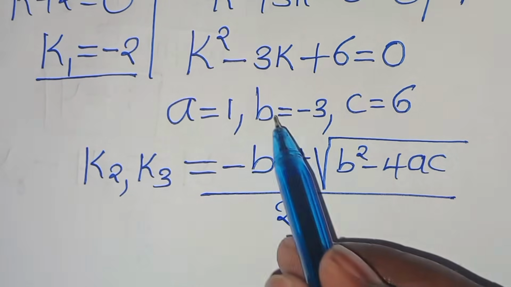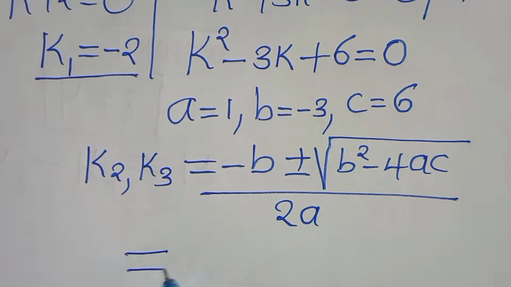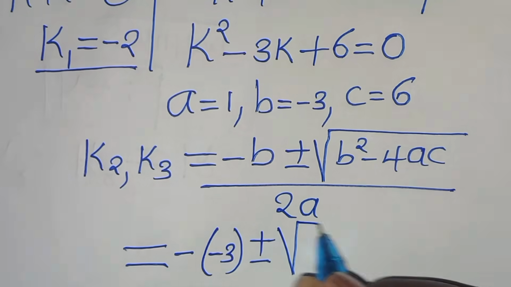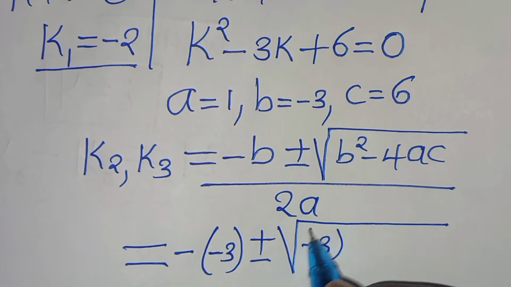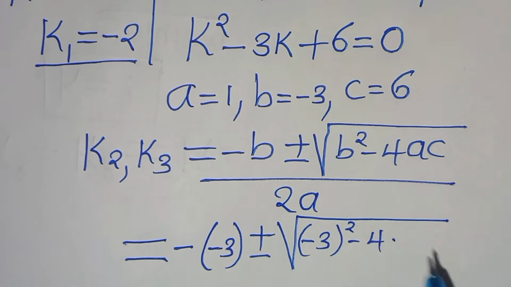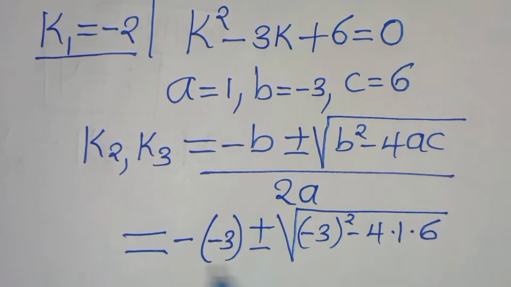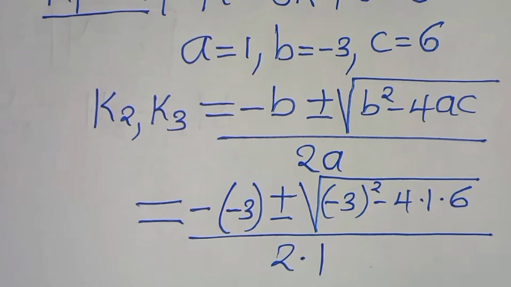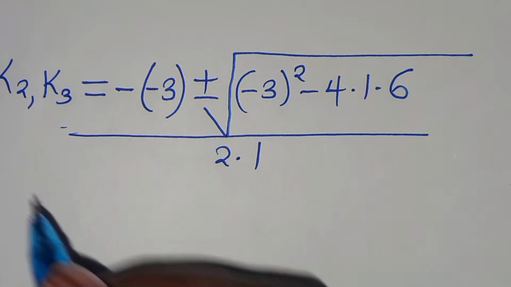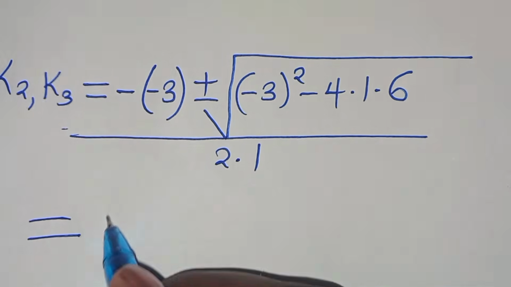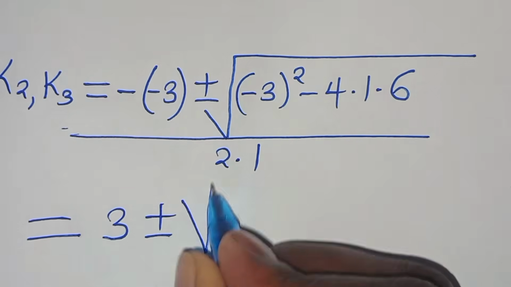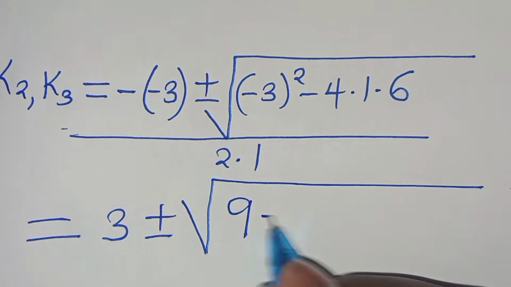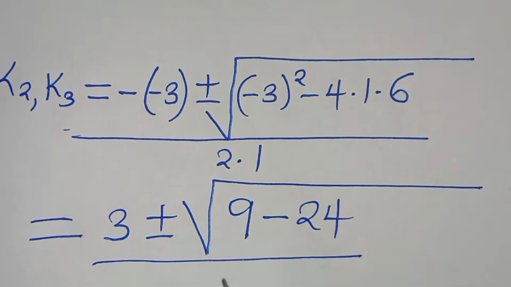Let's substitute a, b, and c in this formula so that we have minus minus 3 plus or minus a square root of minus 3 raised to the power of 2 minus 4 times a, which is 1, then times c, which is 6, then everything here divided by 2 times 1.